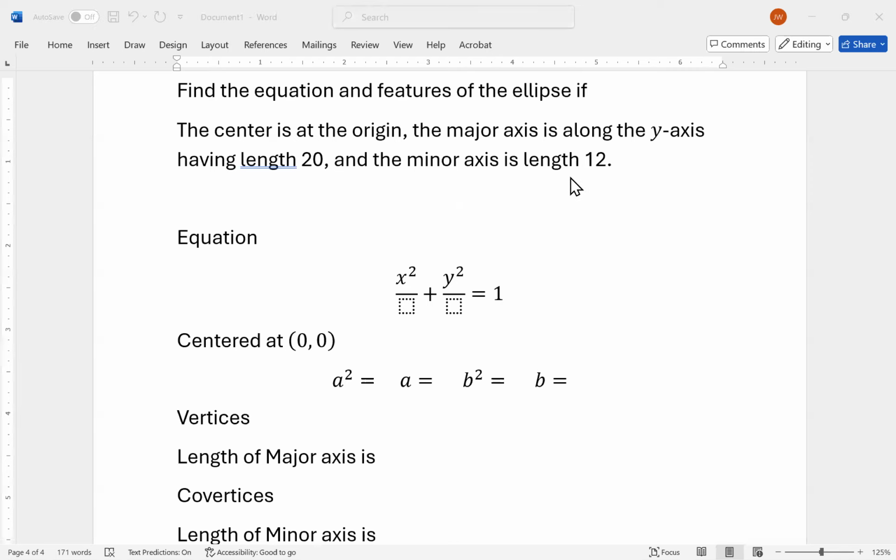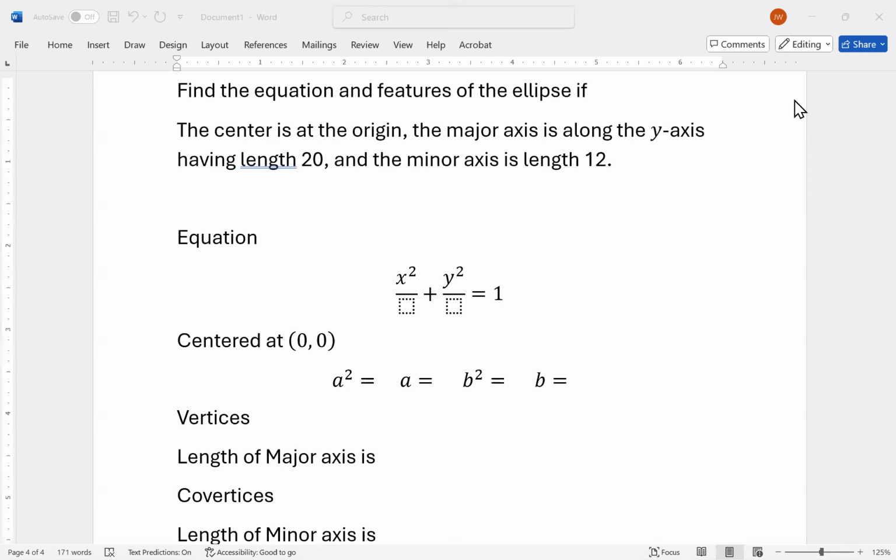All right, so the first thing I need to do is say, well, if the center is at the origin, my equation is going to look like x squared over a number plus y squared over a number is equal to 1. And we'll have to find those numbers based on A and B. But it says the major axis is along the y-axis having length 20.